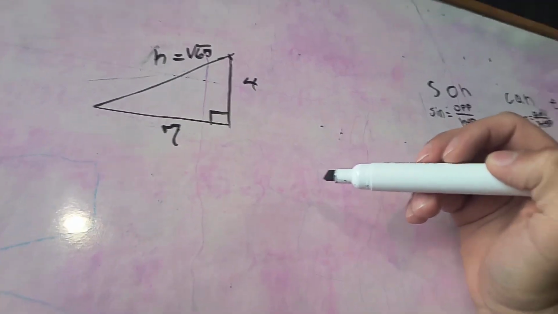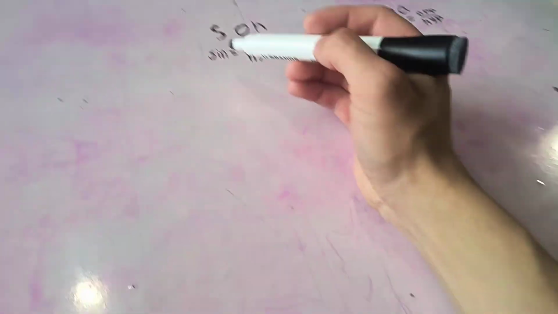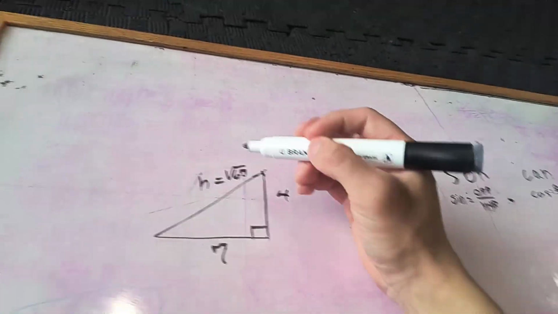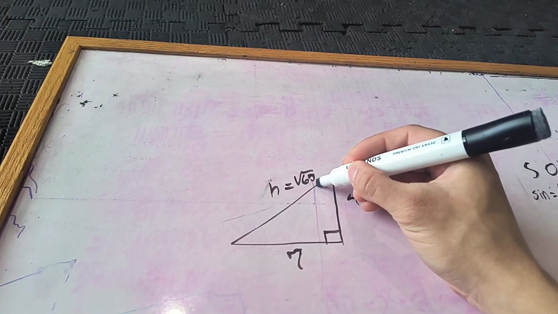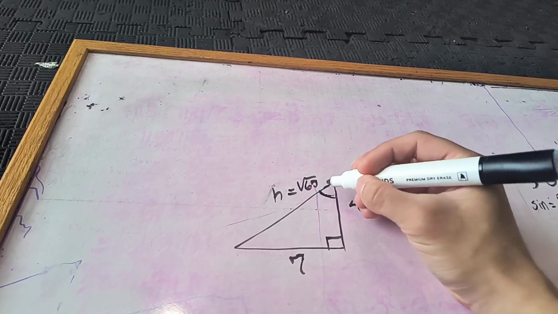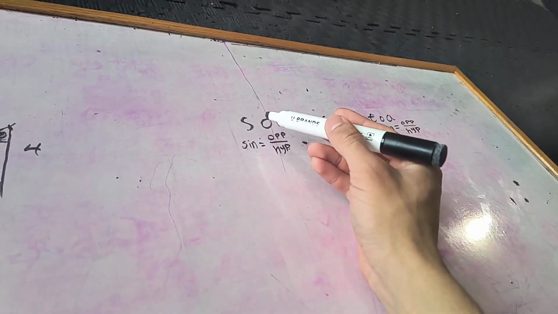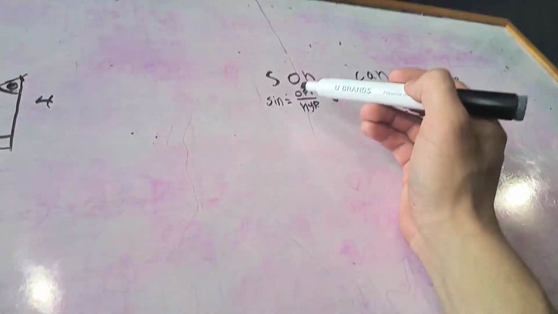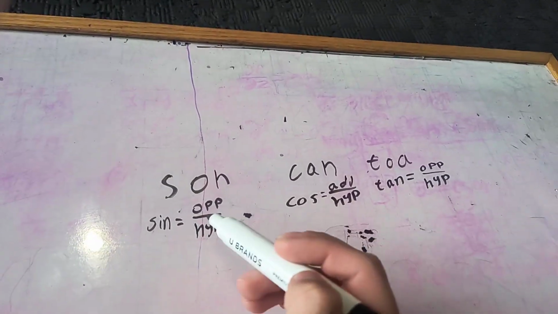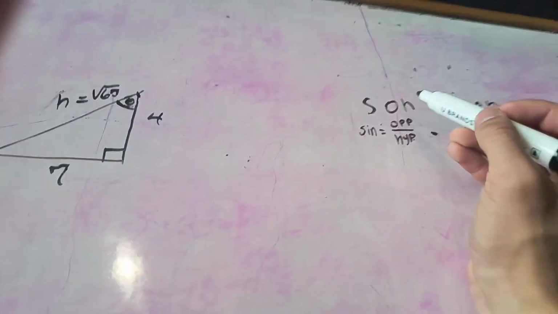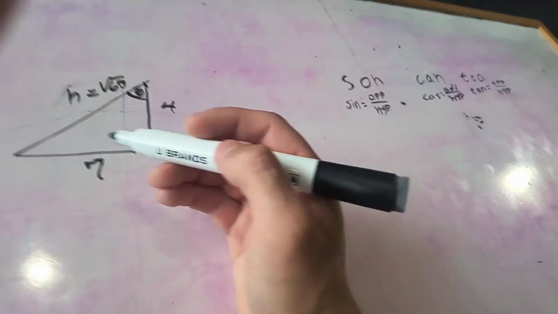Now let us find the trigonometric ratios for this. Okay, so let's say this is angle theta right here. We're going to find sine first. Sine is opposite over hypotenuse. That's what the SO in SOHCAHTOA is.